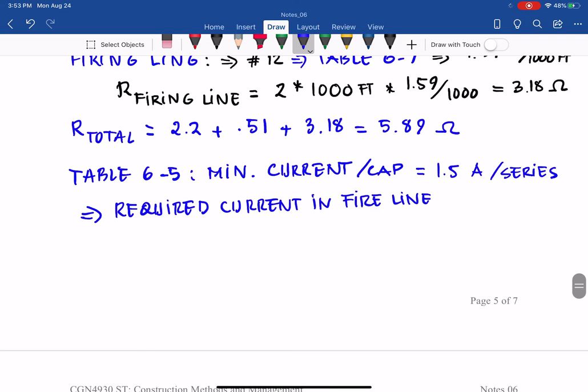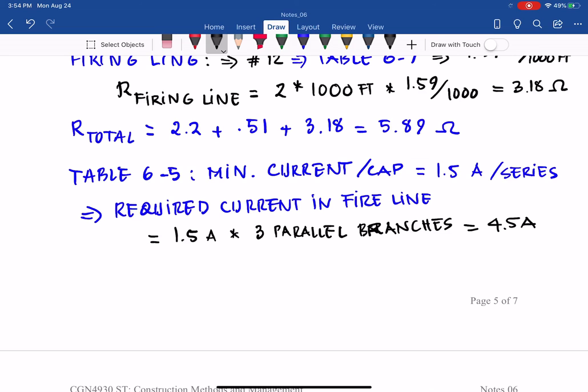So with that one, we have 1.5 ampere times 3, in this case 3 parallel branches, and that gives us 4.5 ampere. And that is the first one.